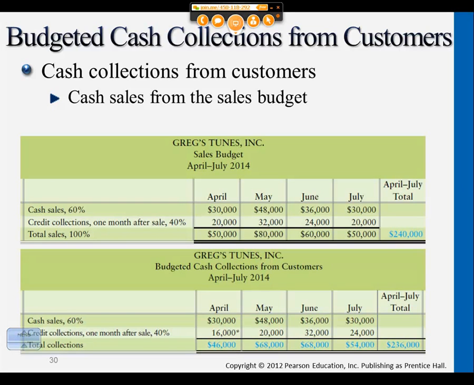So we have our sales budget estimated at $240,000, right? Now we also have our budgeted cash collections from customers, and that equates to $236,000. How do you understand the comparison of the 2?